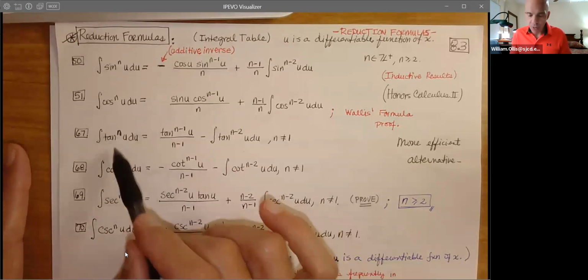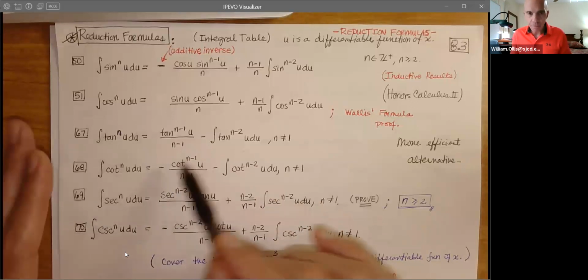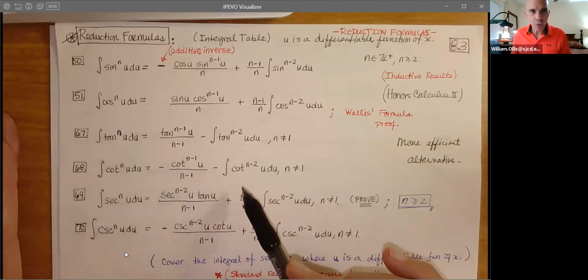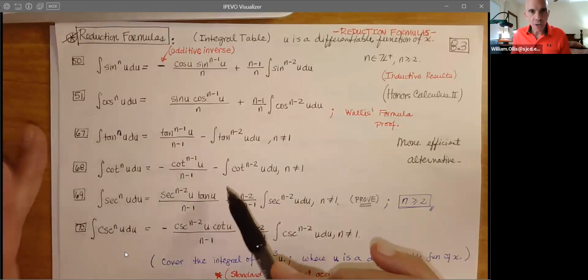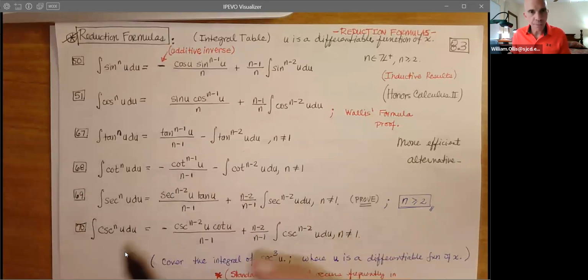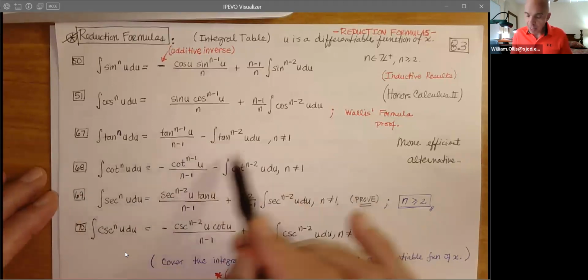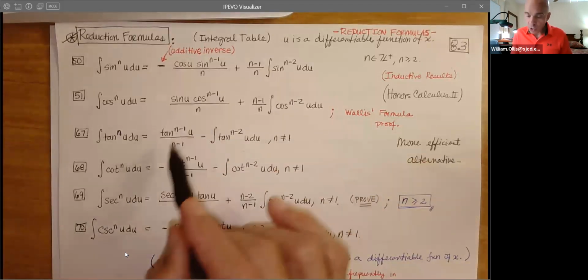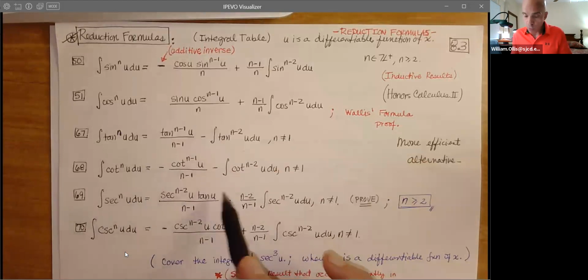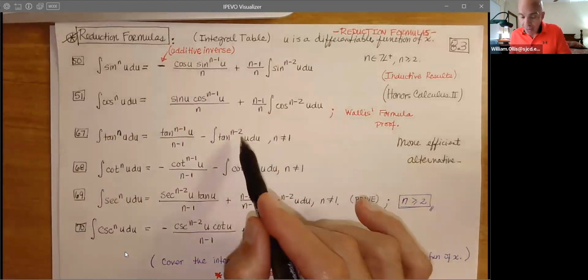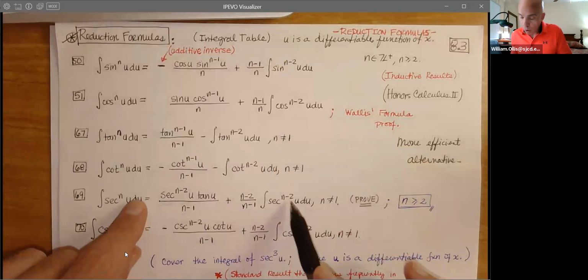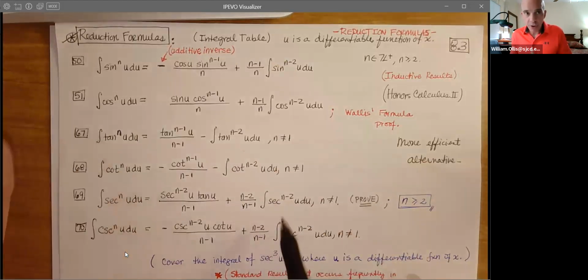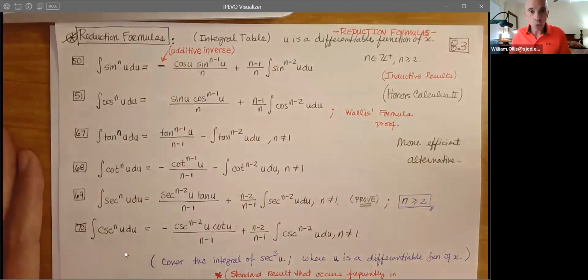As long as you have relatively low powers, it's okay to use the techniques with the Pythagorean identities. But again, this just shows you that using integration by parts, you can generate the so-called reduction formula. Notice each time the power of the integral gets smaller. And that's why they're deemed reduction formulas.